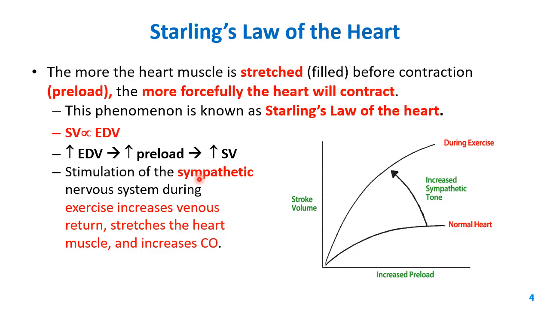That means if you are sending signals that are going to accelerate your heart rate, you're also going to be automatically increasing the stroke volume and the preload. So stimulatory signals via your sympathetic nervous system are going to increase your stroke volume, and of course your preload and your cardiac output. That's what I meant, cardiac output.